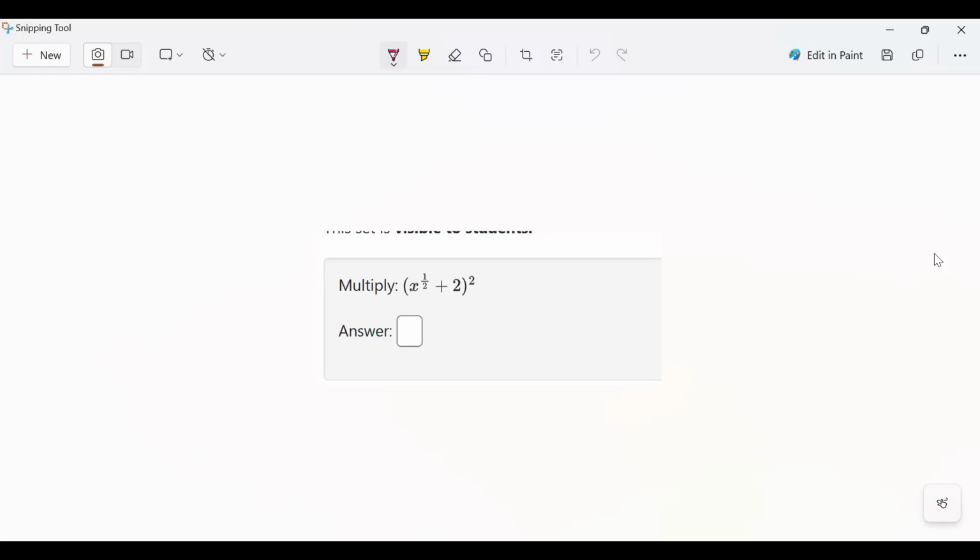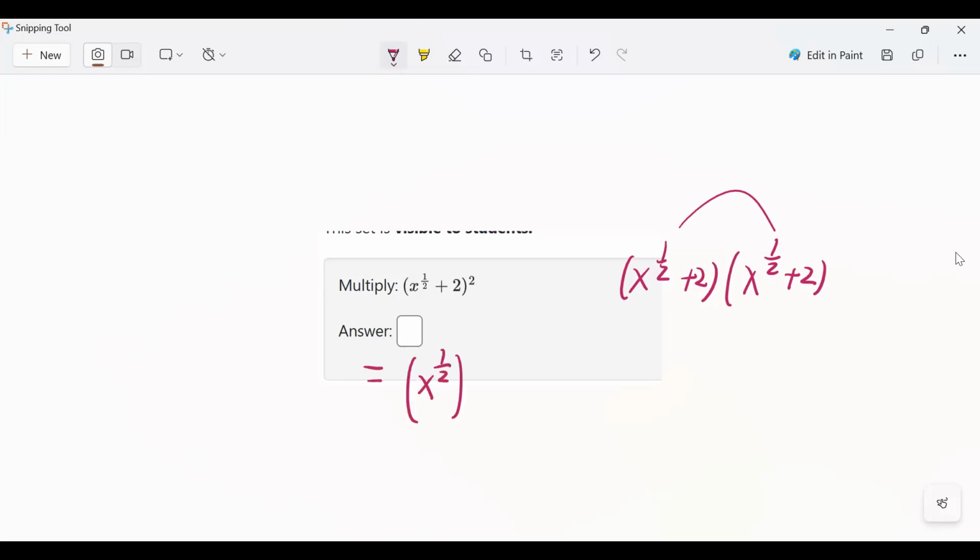All right, let's go over the solution. So you can FOIL this by expanding it as this, but I'm going to show you a quick way to get it. Expand it as this form and then FOIL this. And then the shortcut is this. You want to do the first term x to the half, square that.